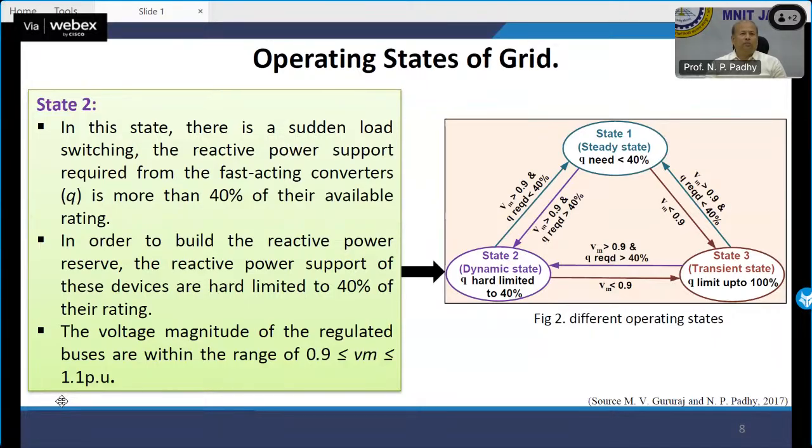So in order to build the reactive power reserve, the reactive power support of these devices is hard limited to 40% of their rating. All the time we make sure these converters provide at least 40%. The voltage magnitude of the regulated buses is within 0.9 to 1.1. So in state number two, we say to the converters, you cannot enjoy anymore, you have to give me 40% of the reactive power requirement all the time.